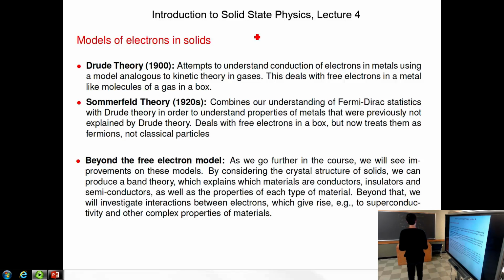All right. So last time we talked about vibrations in solids and how we could reconcile some of the experimental observations that were in clear contradiction with classical theory, how we could reconcile them by letting in a little bit of quantum mechanics into our description of solids, right?